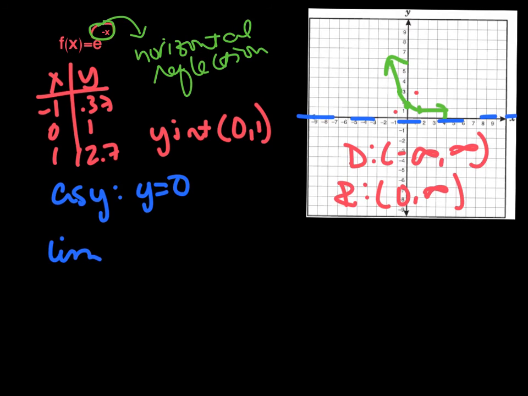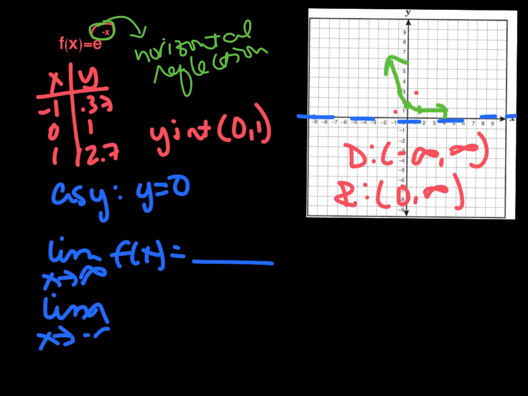Your end behavior, your limit as x approaches infinity. Your limit as x approaches negative infinity. So if I want to approach positive infinity, that means I'm looking at the right-hand side. This number is getting closer and closer to 0. My left end behavior, which is negative infinity, is pointing up.